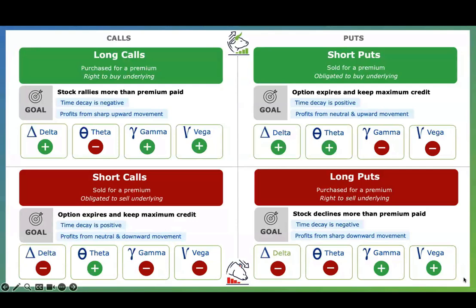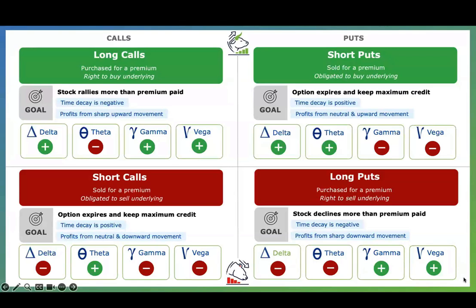Short options are neutral to a slight directional bias. We're not expecting this sharp movement. They're just profitable as long as they stay at or just move slightly in our directional bias. That's why they're considered neutral to upward or neutral to downward. That's where they get their neutrality: they don't need to move, depending on where you sell your option, in order to be profitable, whereas long options need to move quite a bit to be profitable.